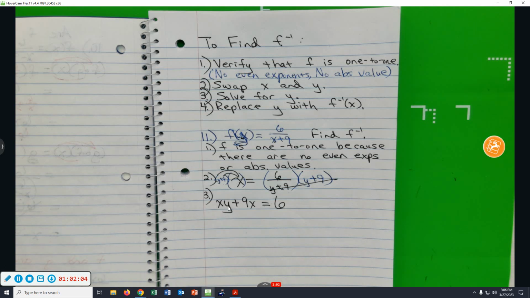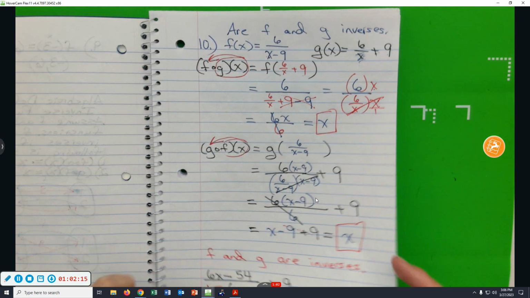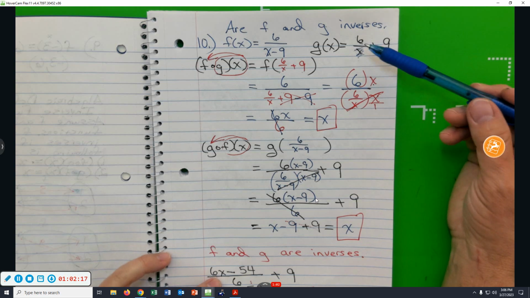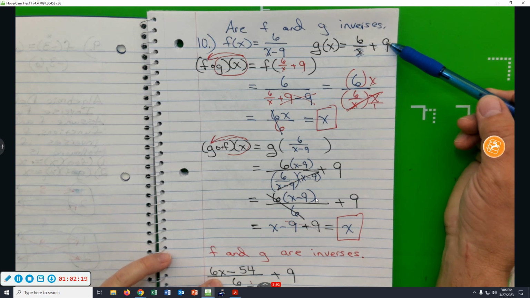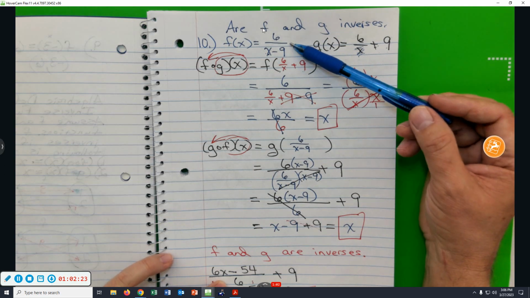What I would do, if you're trying to get the y by itself, I'd move that 9x. Now realize this answer is going to look different from the way the inverse did in number 10. In number 10, they wrote the two functions, one of them a fraction plus an integer. I prefer my inverse to be written as a single fraction, and that's the form that I'm going to use, okay?